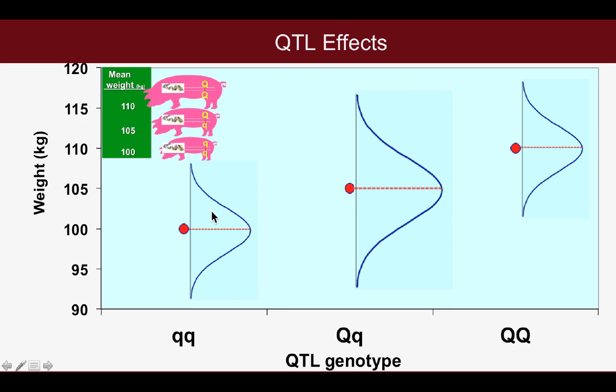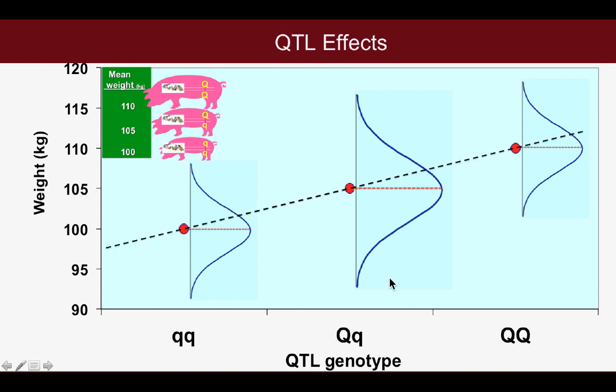This variation reflects the effect of other QTL across the genome, as well as the effect of environmental factors. Thus, although a pig that has a high weight, for example 115 kilograms, most likely will have the big Q big Q genotype, it could also have the big Q little q.